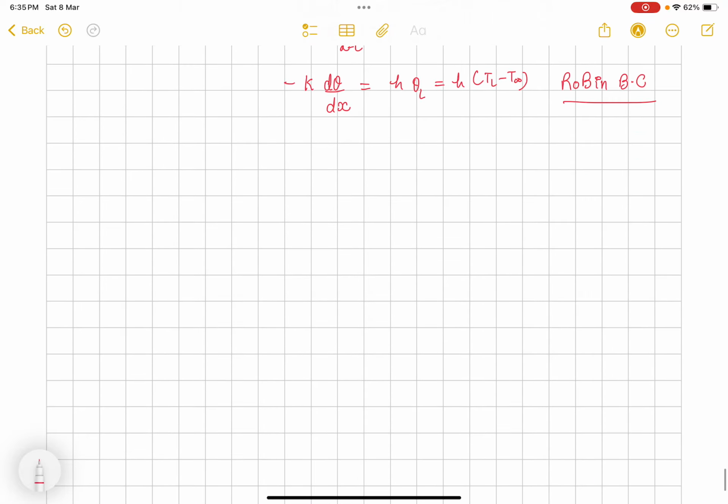So the expression will come like this for temperature variation, theta by theta b.